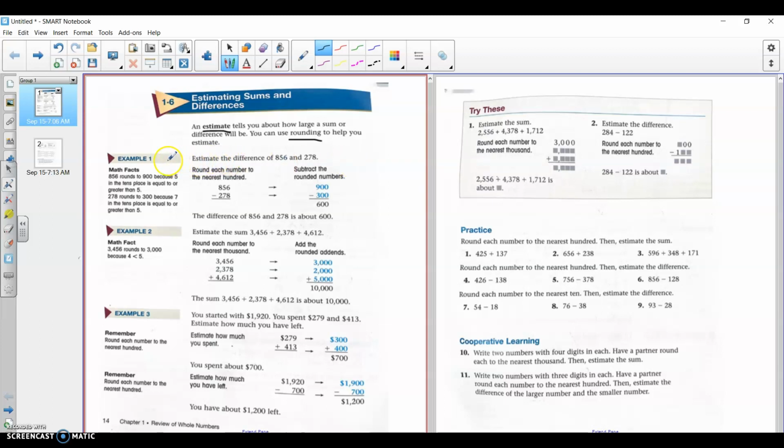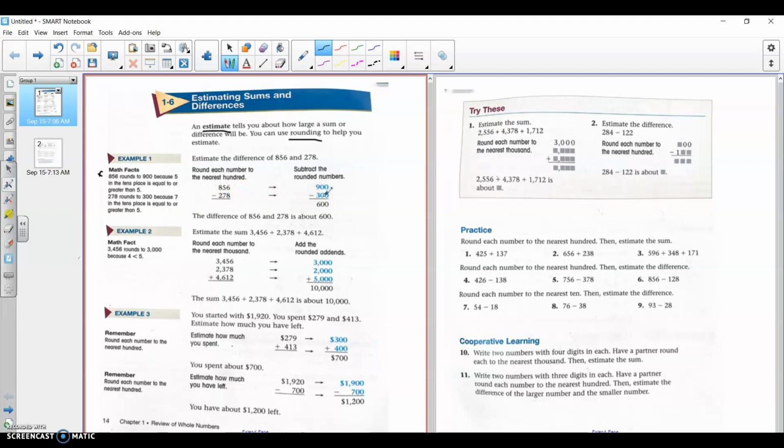For example, number 1 here: estimate the difference of 856 and 278. Side notes over here state math facts. 856 rounds to 900 because the 5 in the tens place is equal to or greater than 5. 278 rounds to 300 because the 7 in the tens place is equal to or greater than 5. So what they did here is they rounded each number to the nearest hundred. 856 became 900 and 278 became 300.